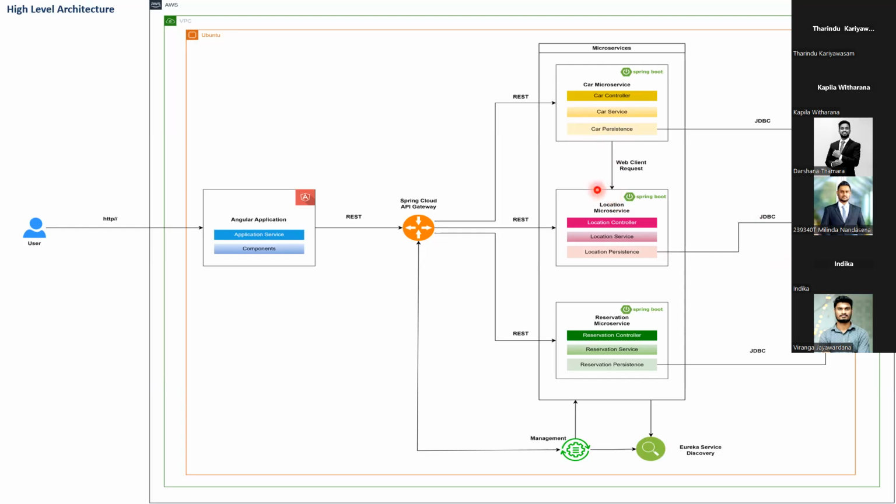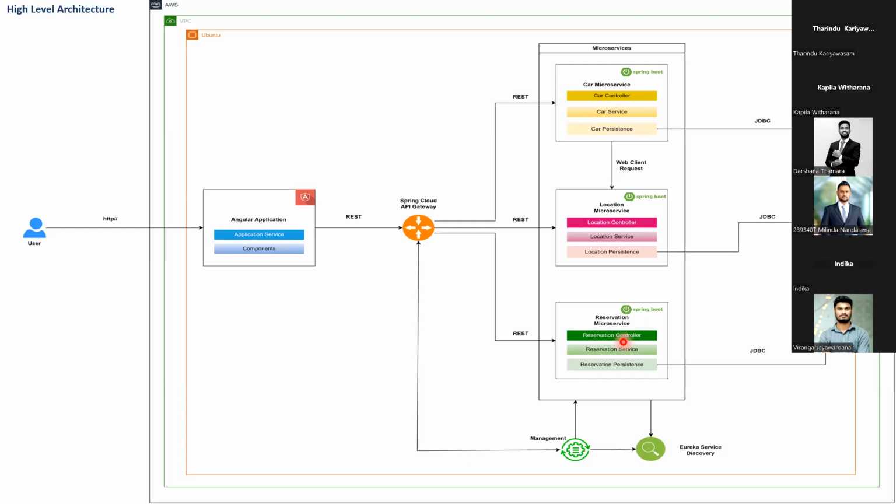For example, let's assume a user selects a car in advance to view the car details before making a reservation.